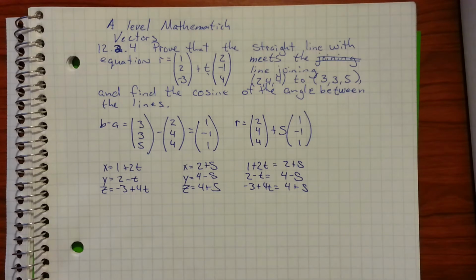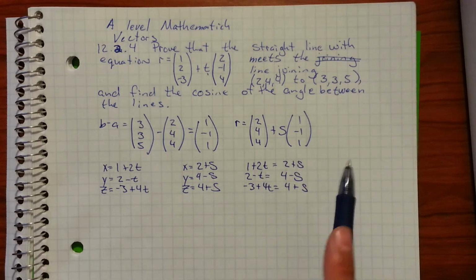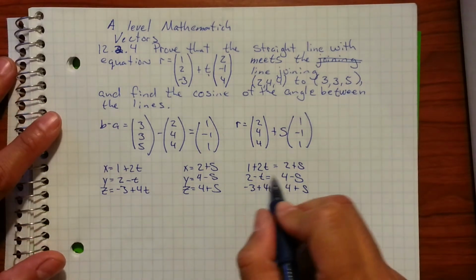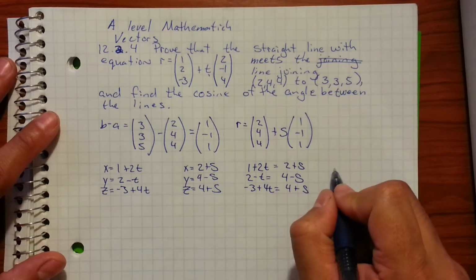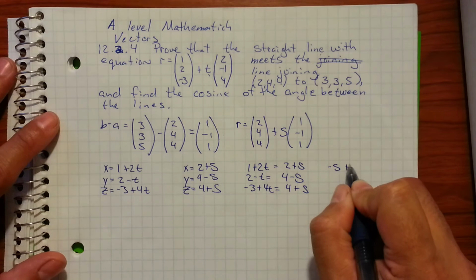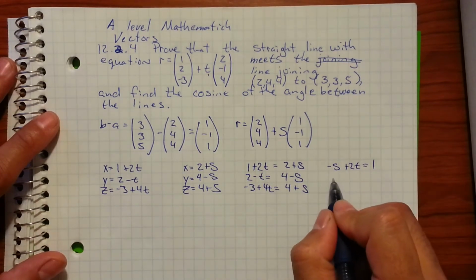Now I'm going to rewrite this one more time, moving all my variables to one side and my constants to the other, so this looks like a system of equations. Nothing pops out that tells me to use substitution, so I'm going to use elimination on this one. So right here I have negative s plus 2t equals, moving that over, 1.